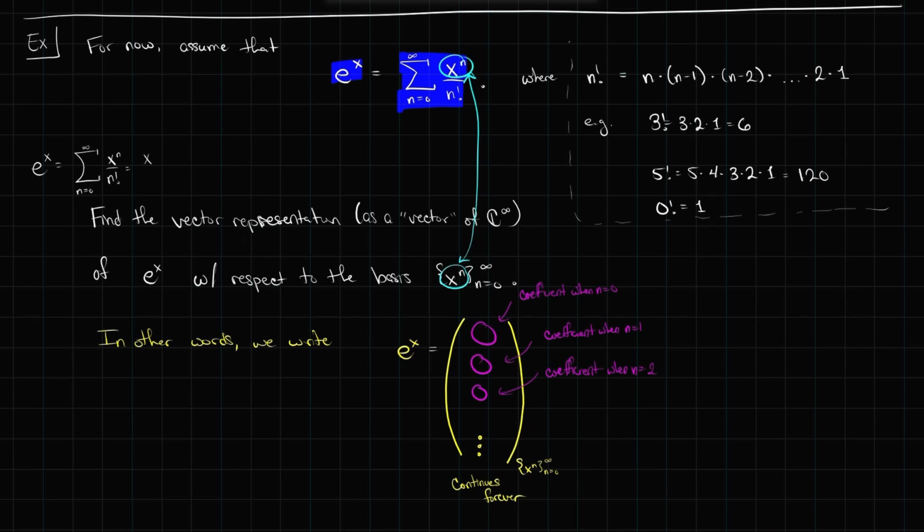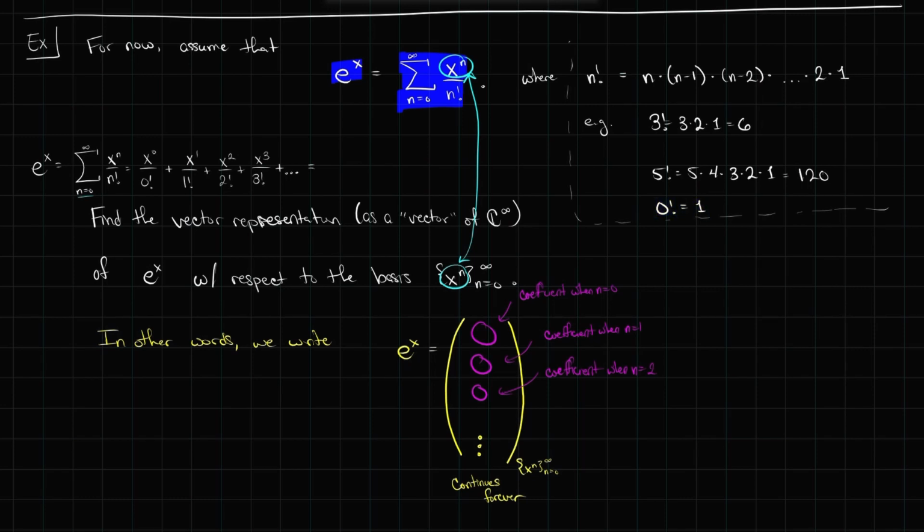We can write it as x to the 0 divided by 0 factorial. That's because I'm starting here, right, at n equals 0. And then I move forward. When n is 1, it's x to the 1 divided by 1 factorial. X squared divided by 2 factorial. X cubed over 3 factorial. And so on. And I can make those factorials explicit, especially now that I know that 0 factorial is 1.